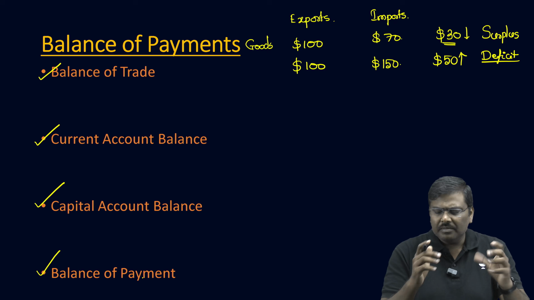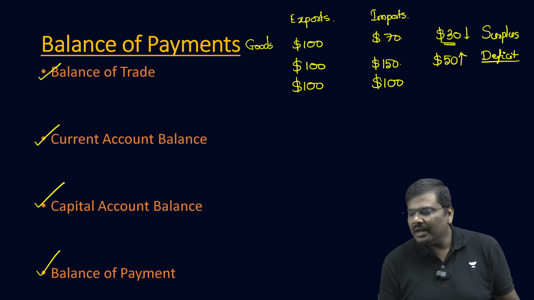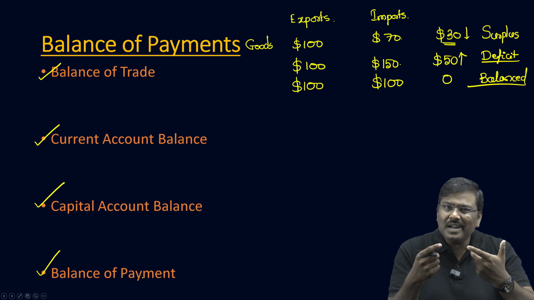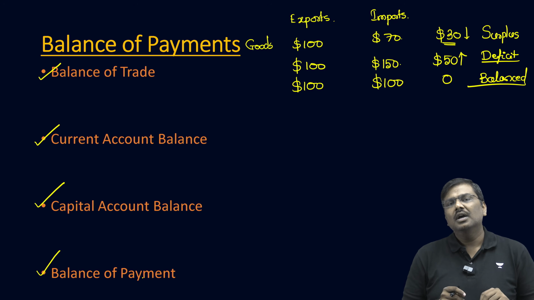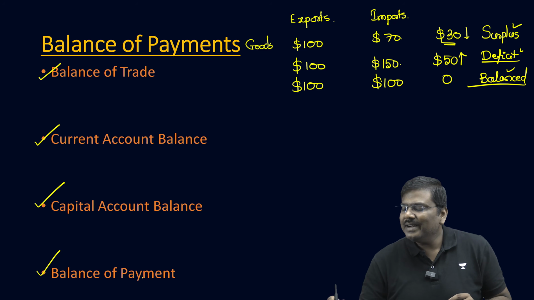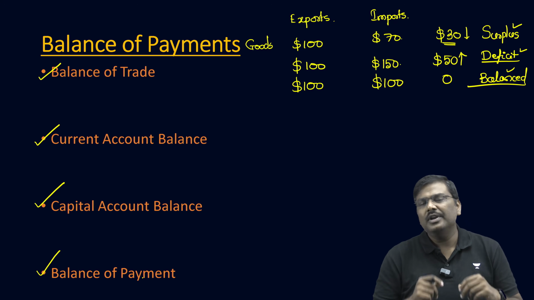And if the values are the same, that is $100 import, $100 export, this is called a balanced trade. Balanced merchandise trade in this context. So the three terms are deficit, surplus and balanced. And what is the importance of all of this? Listen to me carefully.